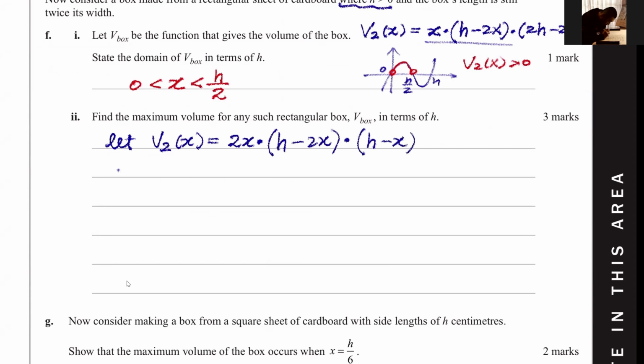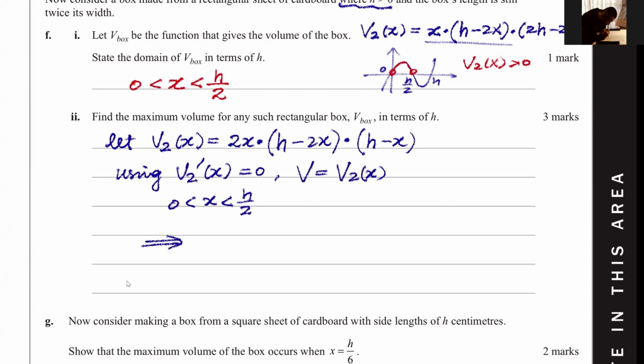Using V2 dash of x equals 0 and V equals V2(x), x must go from 0 to half h. We get x equals some number, V max equals some expression.